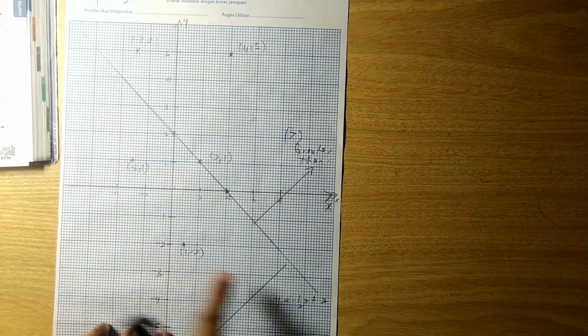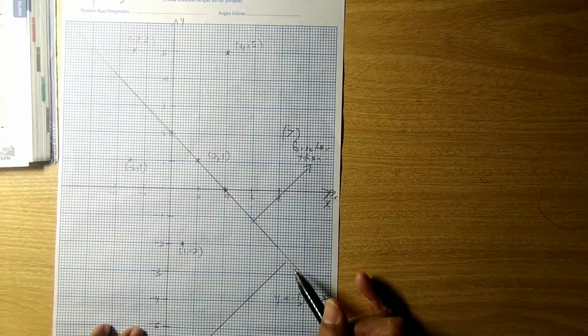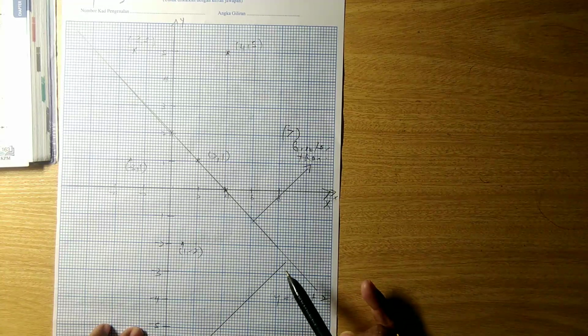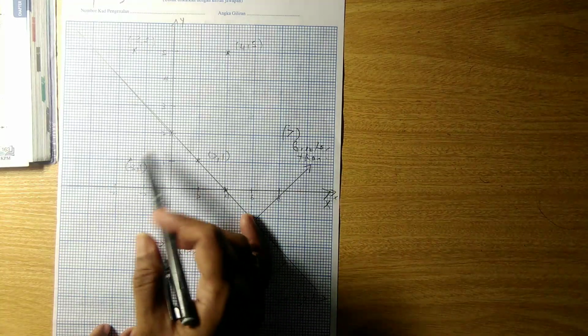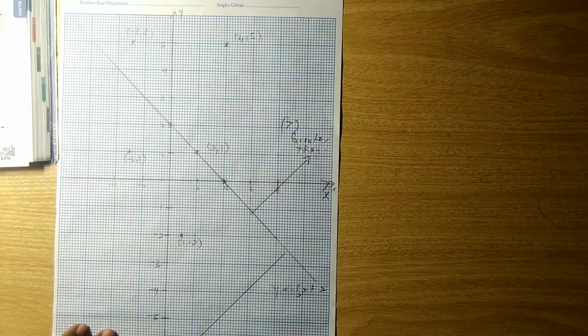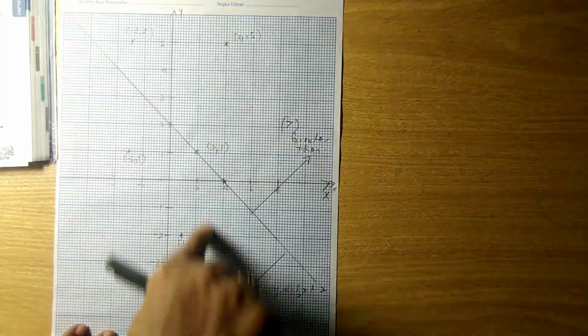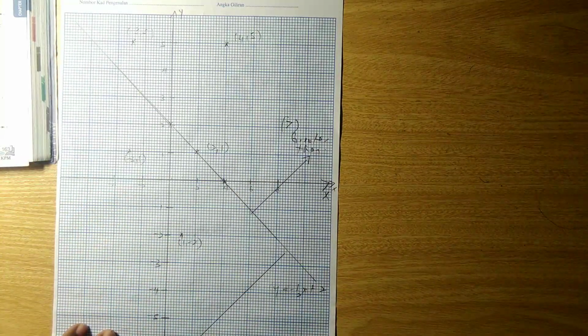Now, if we follow what we did this morning, the concept is that a region below the line means it is less than. So this is the region that is less than.